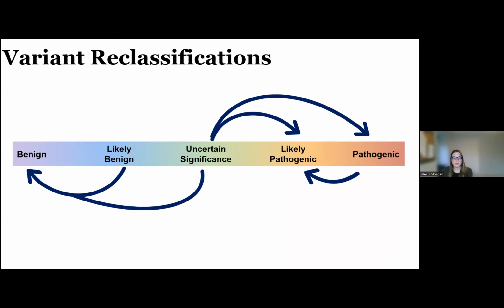In fact, we hope to reclassify these uncertain results into a more clear category. But not every variant will be reclassified, and there's no timeline for reclassification. Some uncertain results may be reclassified in a month, while others may still be uncertain after years.